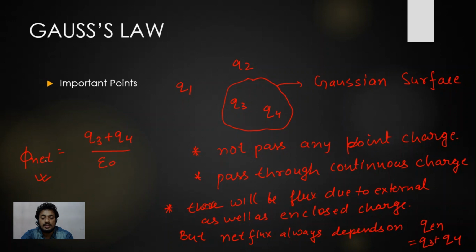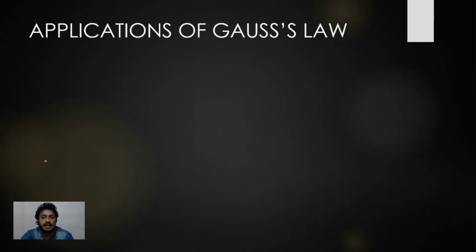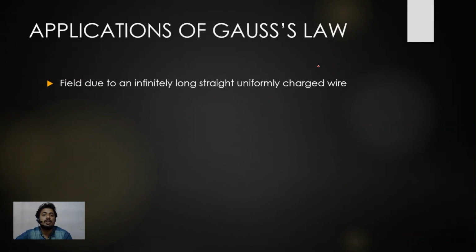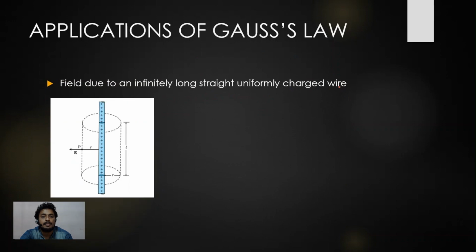Now we can move to its application. Okay, so first is field due to infinitely long straight uniform charged wire. Okay, so initially I have told you about the continuous charge. So in this you can take lambda, linear charge density. So it will be q by l, right?